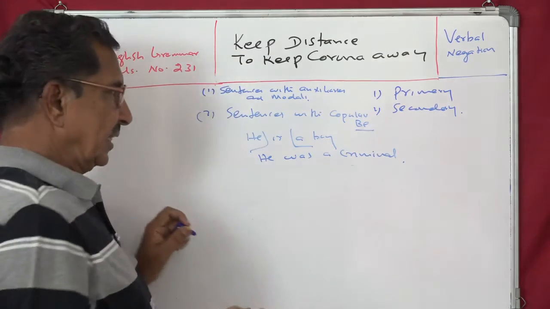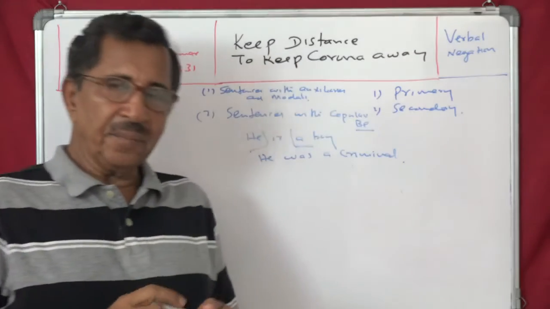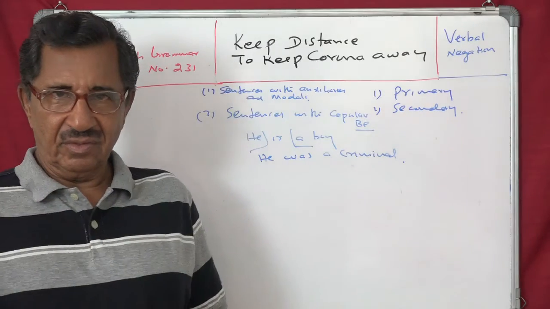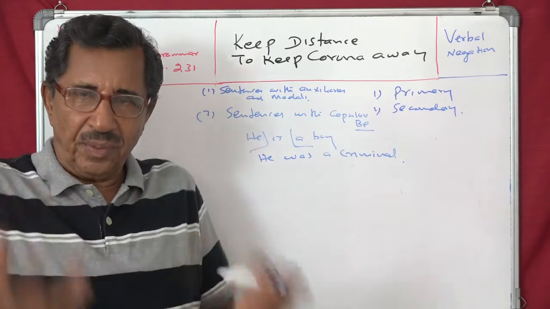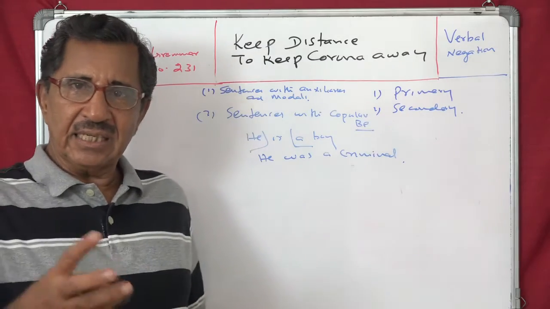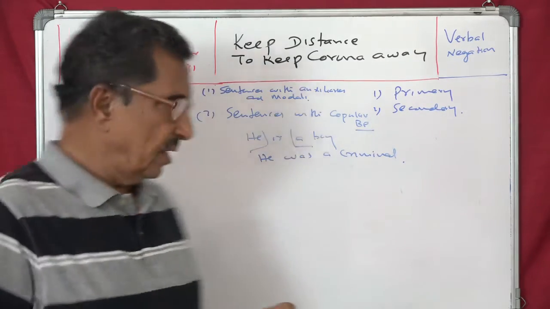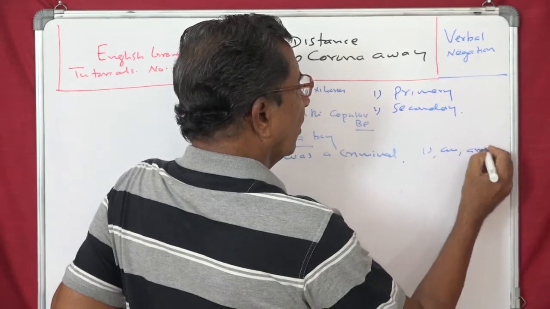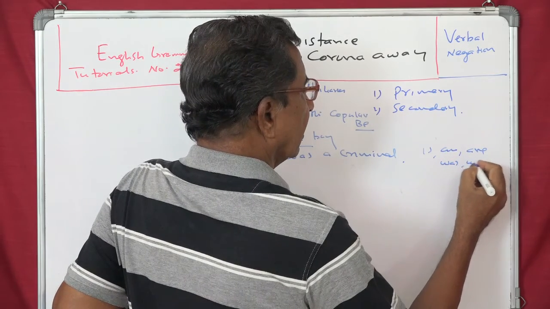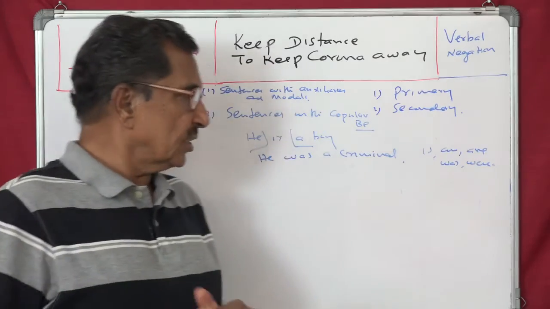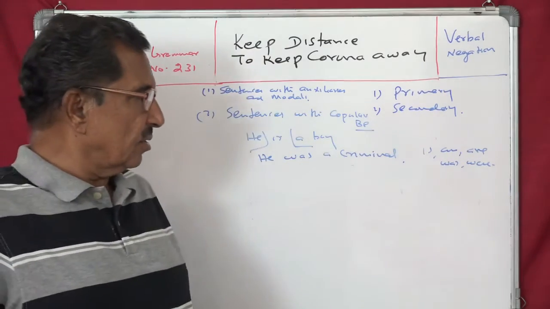Is, was, were: you can use these different forms of be as copular be. You can say he is a doctor, he is not a doctor, he isn't a doctor.